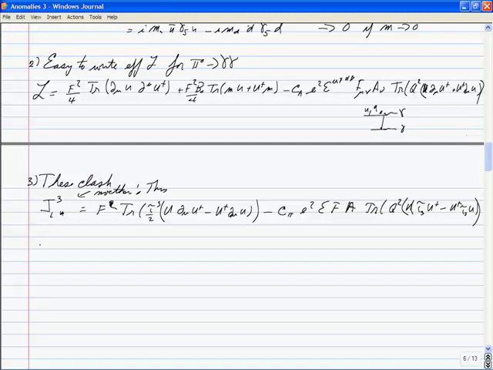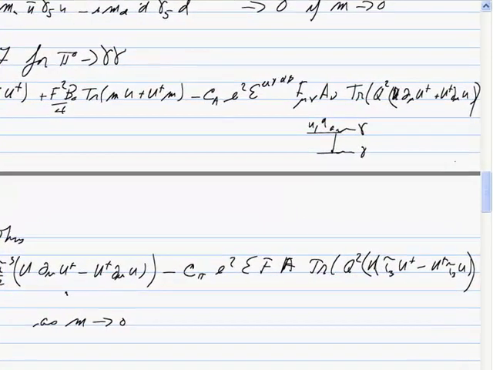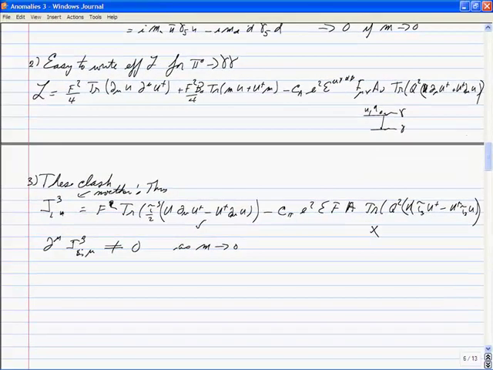So there's Noether's theorem, and then the clash is that if I take ∂_μ j3, it is not equal to 0 as m goes to 0. The first term works. That's okay. The second term fails. There's nothing that vanishes there.